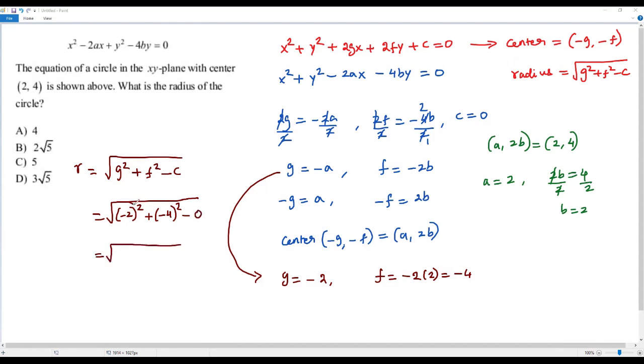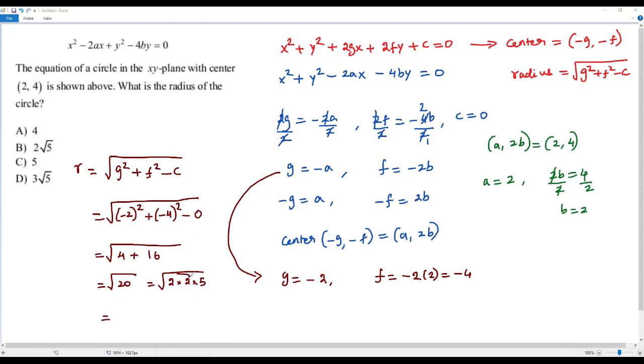The square root of (−2)² is 4, and (−4)² is 16. We can ignore this 0, then we get the square root of 20, and we can write this as the square root of 2 times 2 times 5. Here I just wrote the prime factors of 20. When I multiply 2 and 2, that's 4, and 4 times 5 is 20.